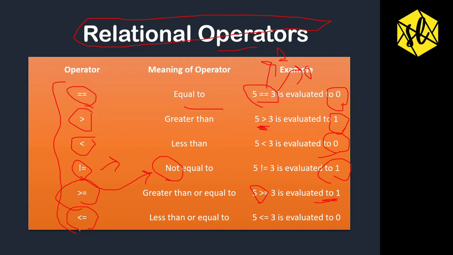And then we have less than or equal to. 5 is less than or equal to 3? 5 is not equal to 3, and 5 is also not less than 3. That is why it is returning 0 here. We will be seeing a few examples afterwards.